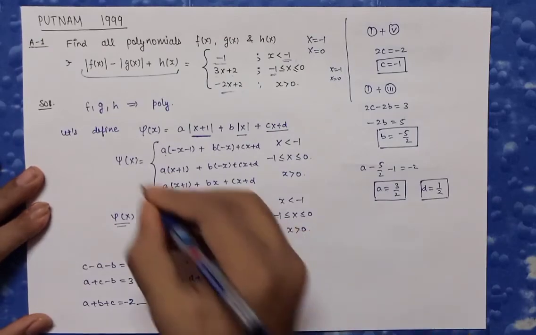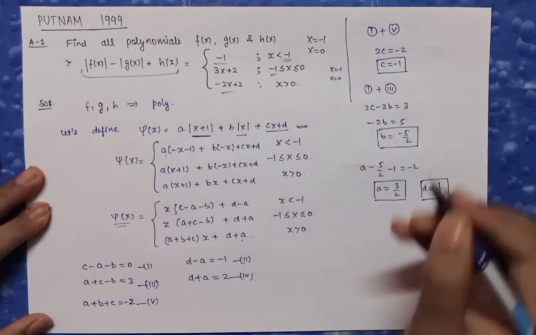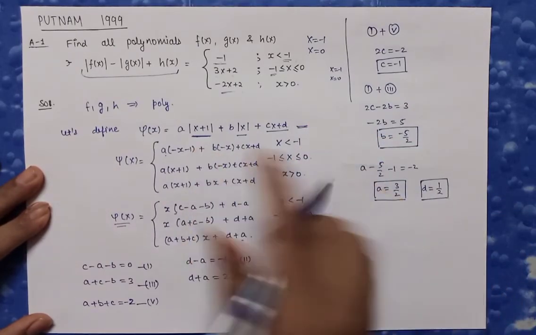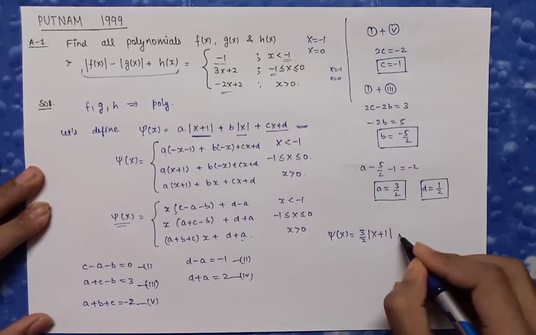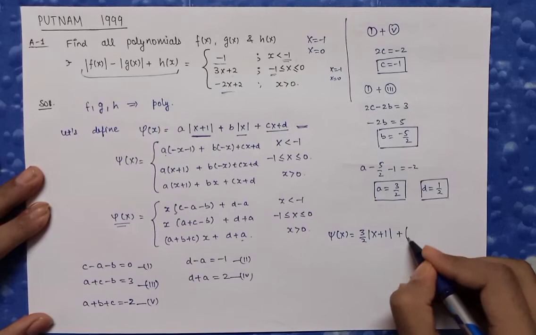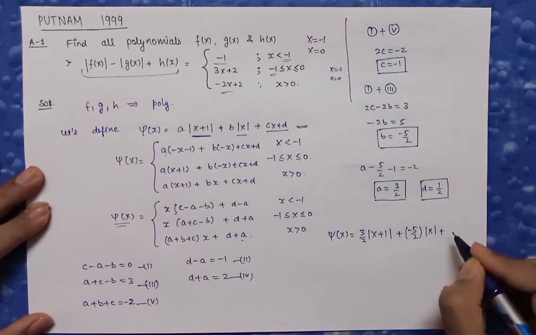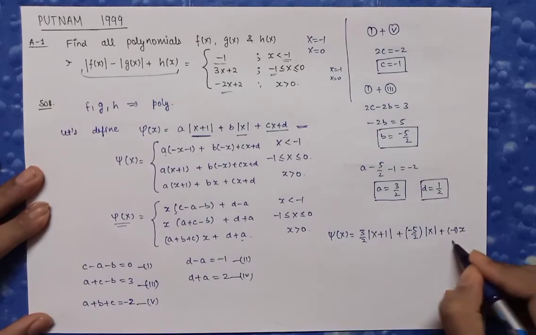Now I will rewrite xi x in this equation. Xi x will be: what is the value of a? 3 by 2 mod of x plus 1, plus minus 5 by 2 mod of x, plus c is minus 1, minus x plus half.